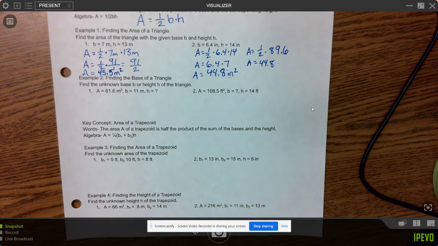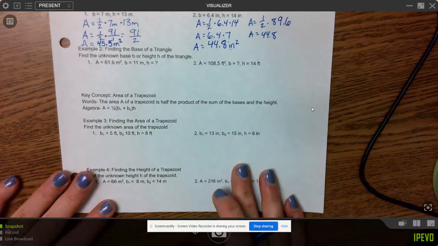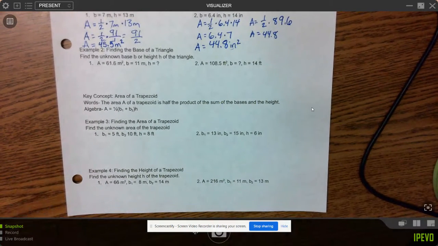I think we worked with areas of triangle in 5th grade, so this is just kind of refreshing it for us. It's been a while. So just like with our rectangle and parallelogram, you might be given an area and one of the measurements, and you need to find the missing measurement.